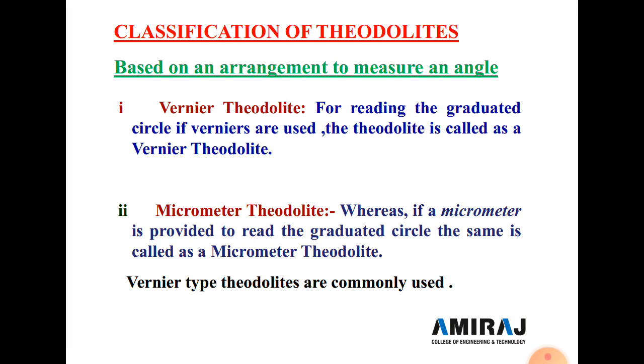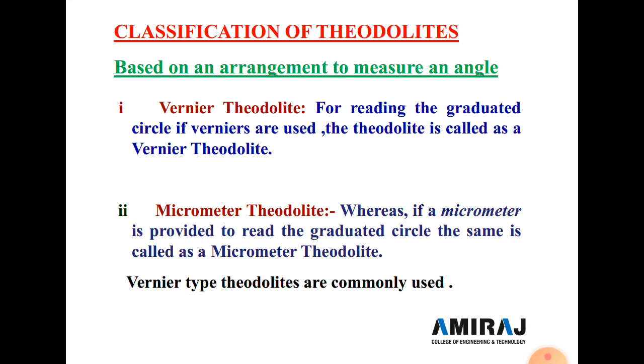The second type of classification is divided into two types based on the arrangement of measurement of an angle. The first one is a vernier theodolite and the second one is a micrometer theodolite. For reading the graduated circle, if the vernier is used, the theodolite is known as a vernier theodolite.